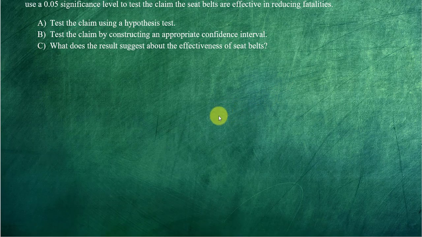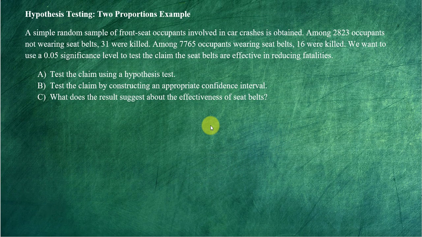In this video, I'm going to solve a question about hypothesis testing for two proportions. A simple random sample of the front seat occupants involved in car crashes is obtained. Among 2,823 occupants not wearing seat belts, 31 were killed, and among 7,765 occupants wearing seat belts, only 16 were killed.